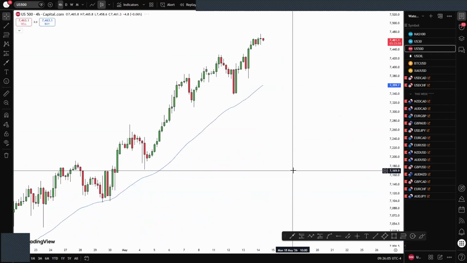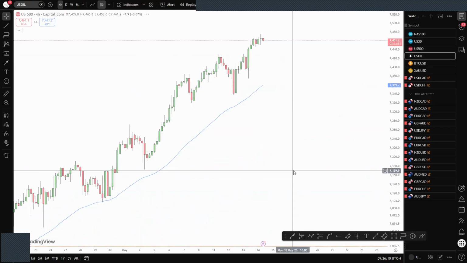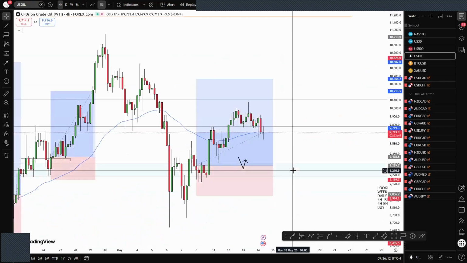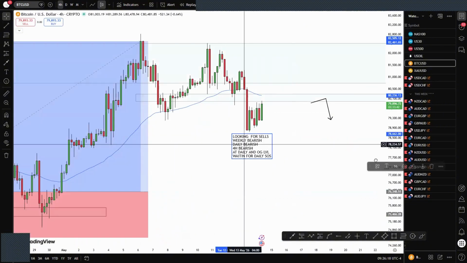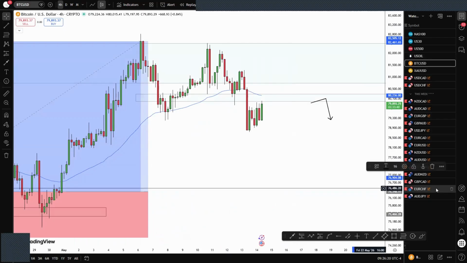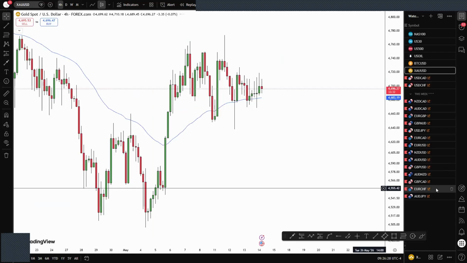Same in this pair. Maybe you might see me take a sell in US oil or a buy, but rarely, or Bitcoin, but rarely. But these trades mainly will be taken based off my own terms, not because of what the crowd is saying, what the crowd is doing.